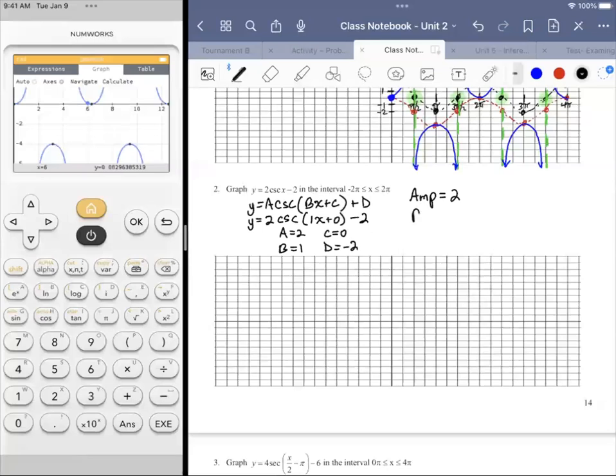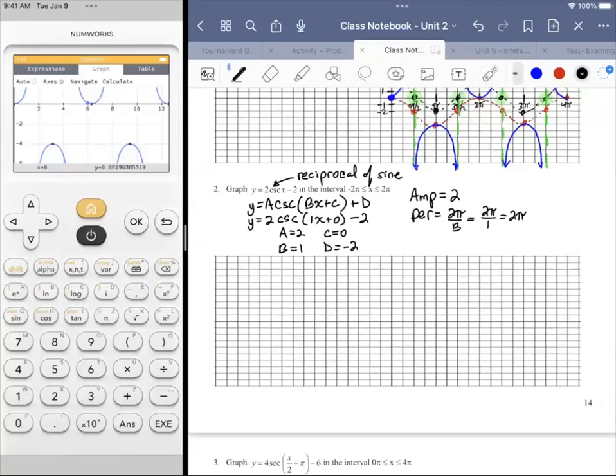So period is 2 pi over b, 2 pi over 1 is 2 pi. Now we're treating this like we would a sine function. This is a reciprocal of sine. So I'm going to pretend it actually says sine and graph it. I'm going to create the intermediate graphs as if it were a sine function.